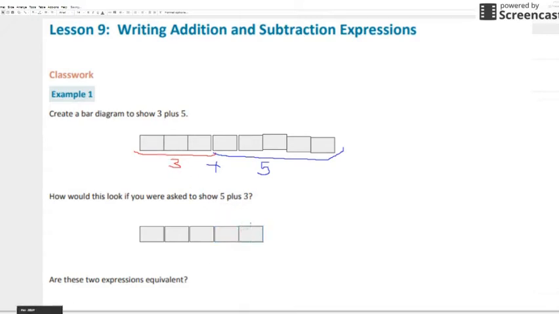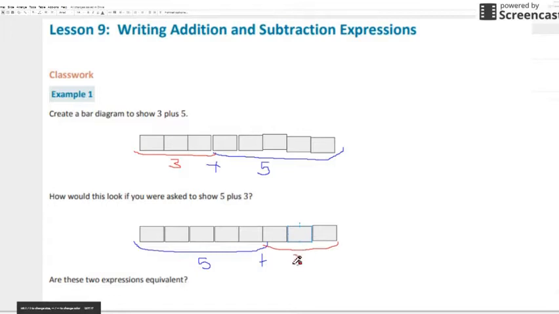Now we're going to add 3 more units to that diagram. So copy 1, 2, 3. Let's go ahead and draw, or you can draw as I place these boxes in here. All right, and that is adding 3 to it.